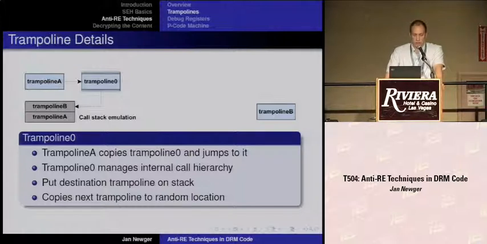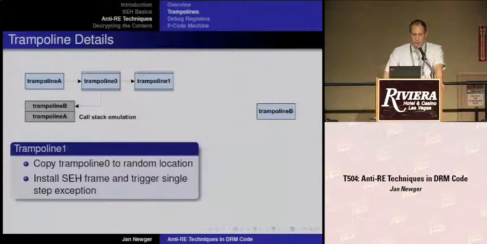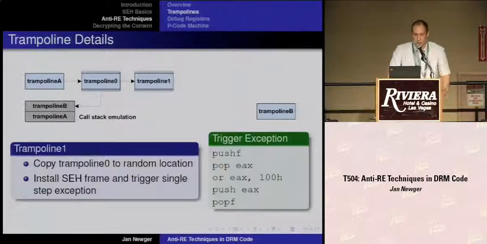Okay, Trampoline 0 pushes the destination trampoline on the internal stack, and after this it copies the next trampoline again to a random location, and Trampoline 1 in this case installs an SEH frame which is used to handle a fake exception which is raised by this common code.